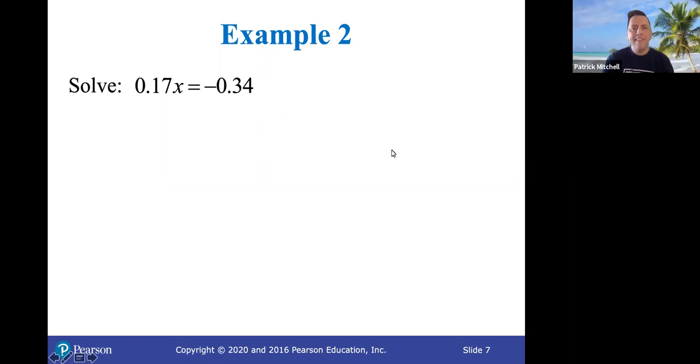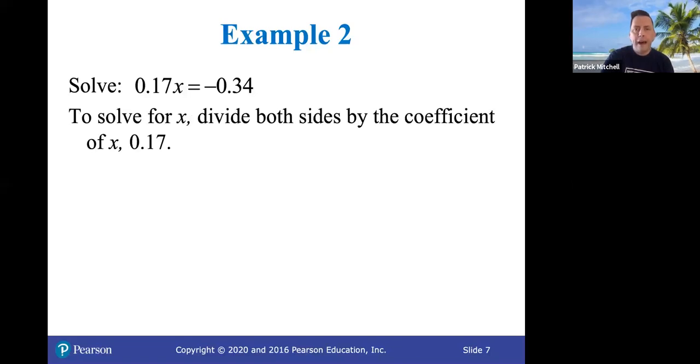Next example, 17/100 x equals negative 34/100. So in this case, x is being multiplied by a number. The way to undo multiply is with divide. So we are going to divide both sides of this equation by 17/100.